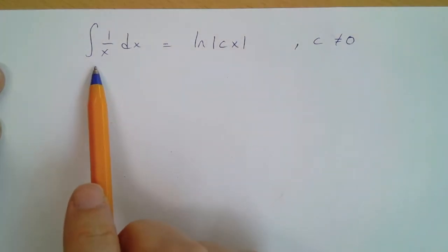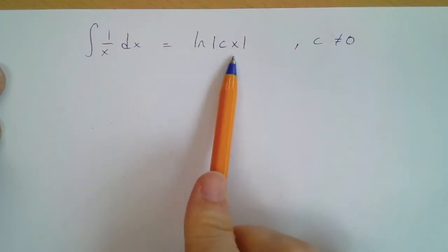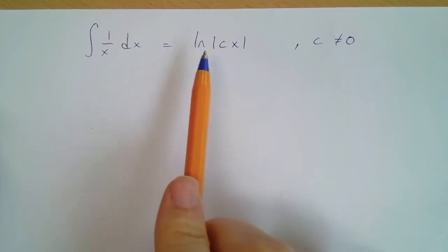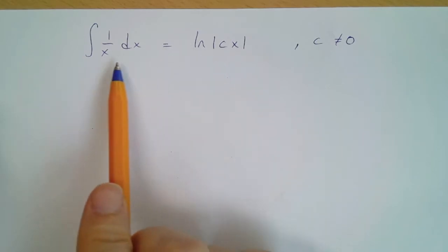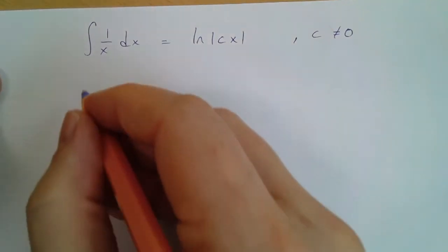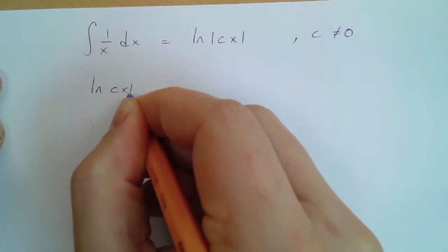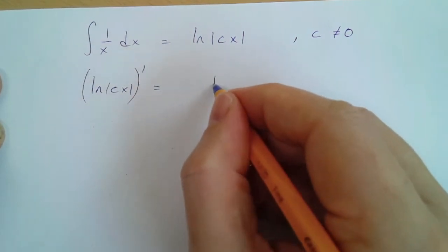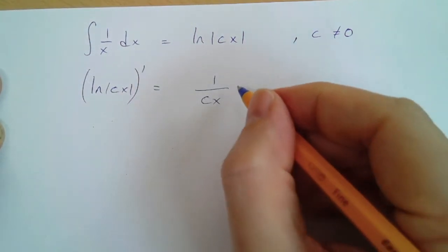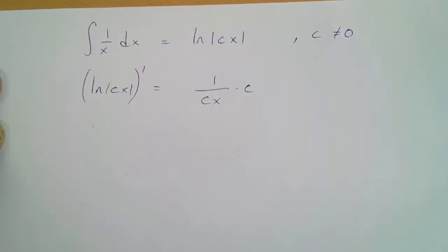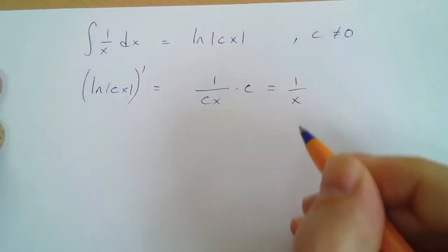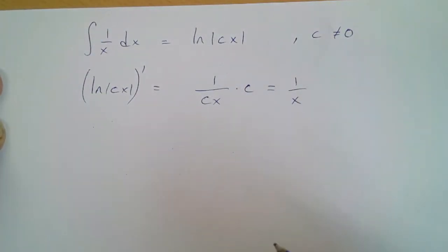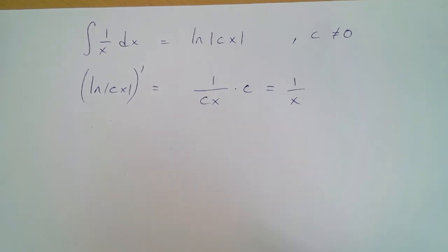Instead of trying to integrate and see if I can get this, I would rather differentiate ln of cx and see if I get 1 over x. So the derivative of ln of cx is 1 over cx times the inside derivative, which is c, and I get 1 over x. So it looks really easy like that. We see immediately that that works.